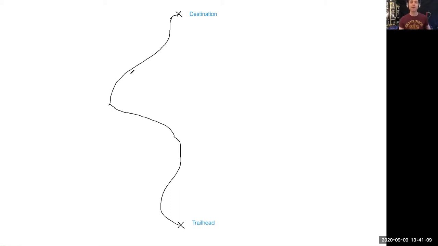Maybe the ecosystem is vigorous enough to rebound from that with only a total of one trample per plant along the way. And maybe it's not, with either very fragile plants, and we'll get more into what those might be later on, or a whole bunch of people trampling along that same track. So many tramples on the same individual plants, a lot more damage, and they can't necessarily bounce back from that.